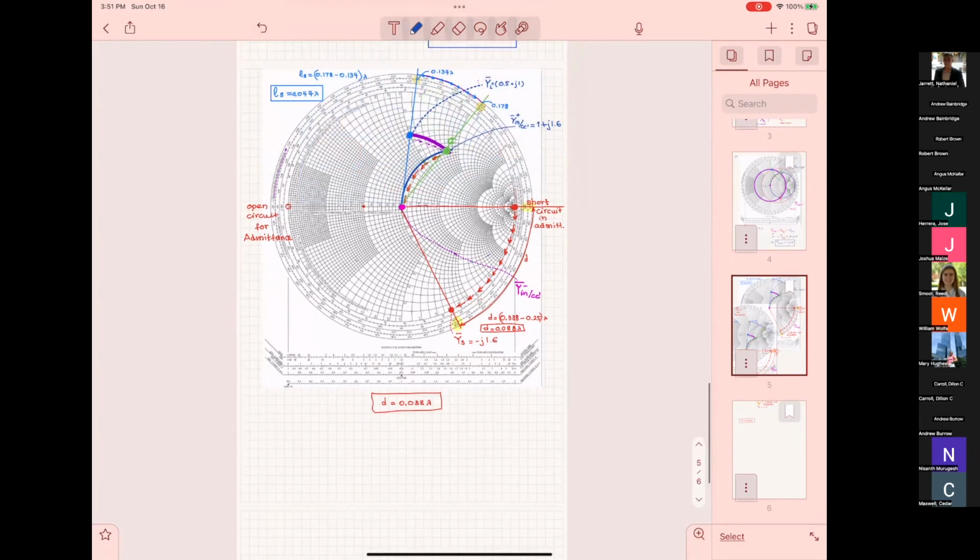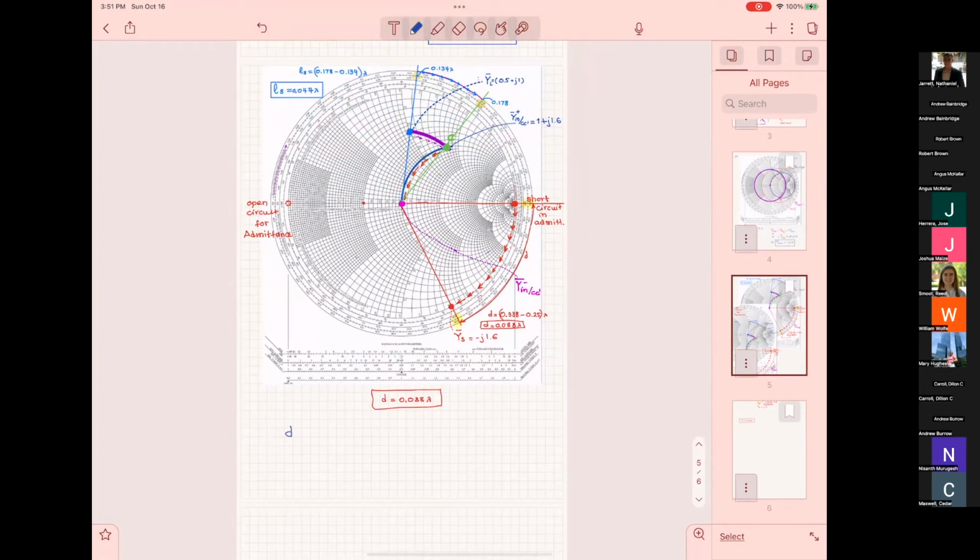But we also practically did a review of Smith charts and that matching. D and L sub s, 0.044 lambda. Okay, so now you have these two.